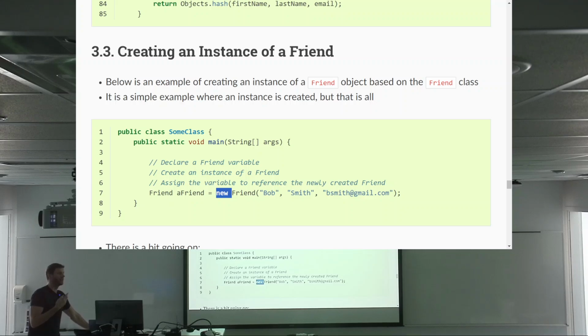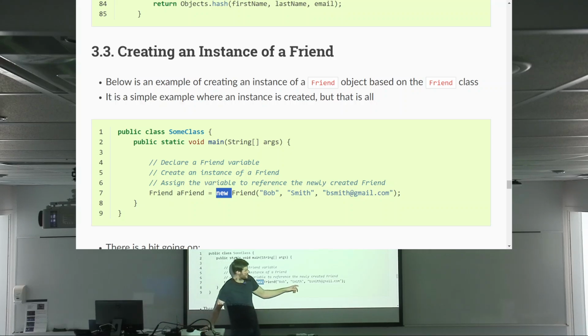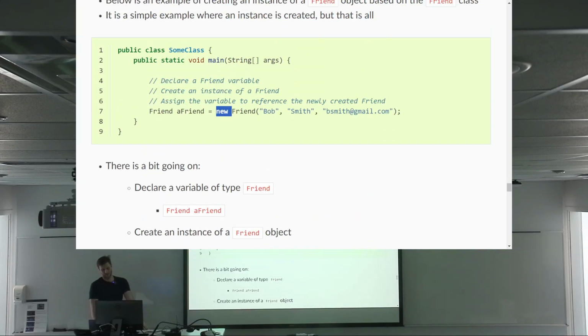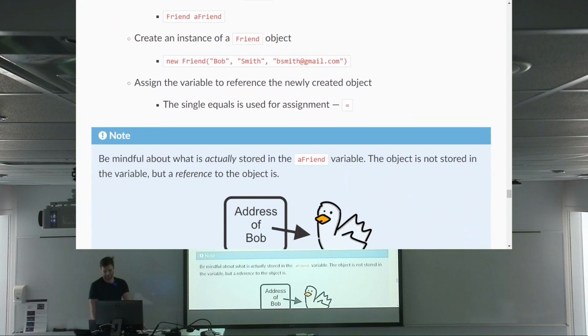Because remember, this calls the constructor automatically whenever we make an instance. And after all this is done, aFriend will reference an object that is the Friend with the first name Bob, last name Smith, and email address bsmith@gmail.com. Cool? Cool. There is a bit going on here, like I said. I'm declaring and assigning the variable at the same time.